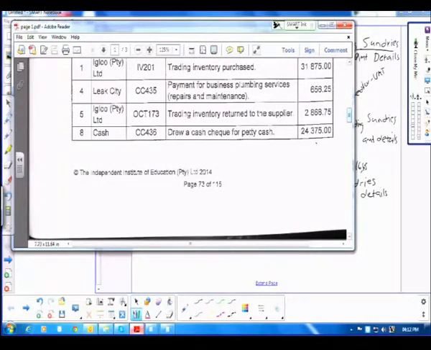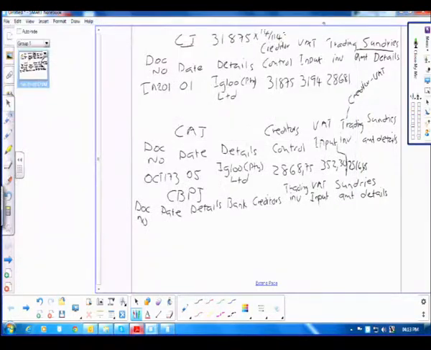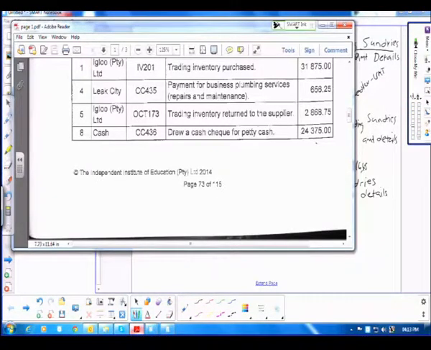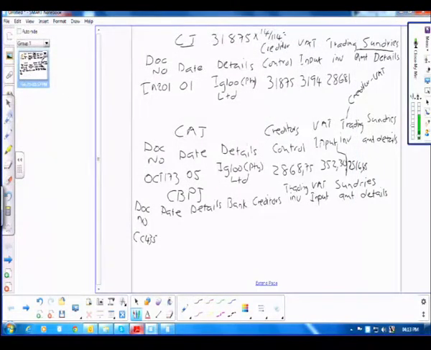All right, so let's just put these two transactions involving the cash payments journal. So the first one, you paid. This is your source document number. This is your date, and this is your details, Leak City. So here we have CC 435, the date, the 4th, details, Leak City.